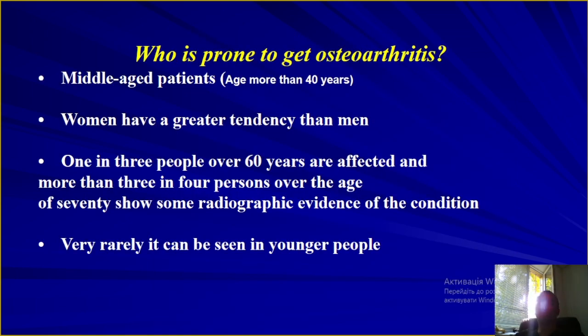So who is at risk of getting osteoarthritis, and who is the typical patient of the orthopedic department with this problem? Middle-aged and aged patients most commonly have such problems. It's after 40 years old and older.